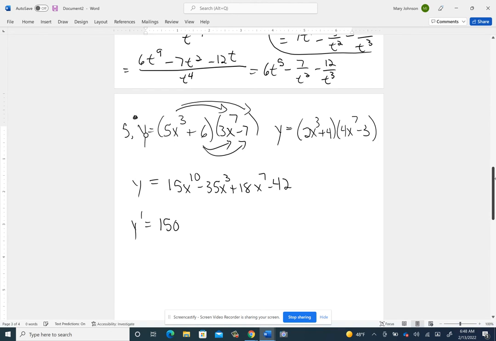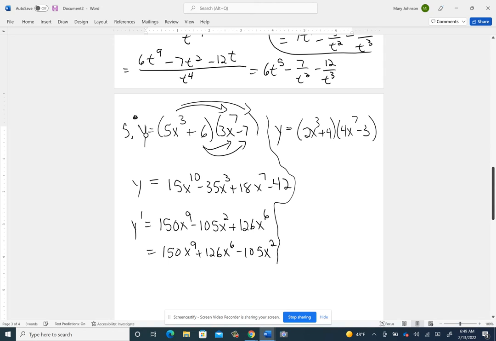So we'll get 150x to the 9th minus 105x squared plus 126x to the 6th, and then the derivative of negative 42 would be 0. Probably be better if we wrote it in descending order, but that's not something that you would be counted off for. Okay, so that's what you would do if you used a little bit of algebra first to tweak it so that you could use the power rule.